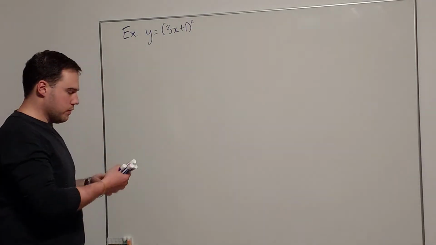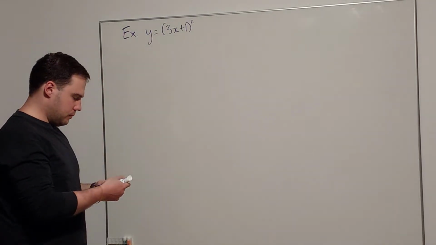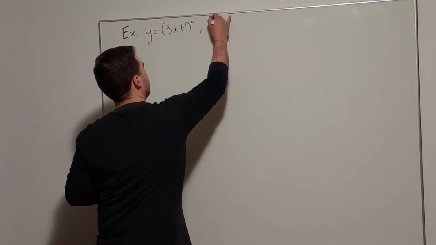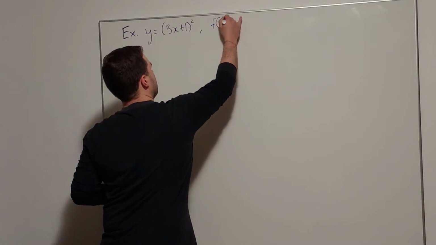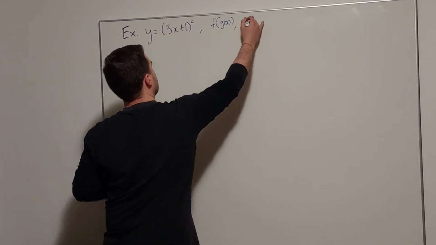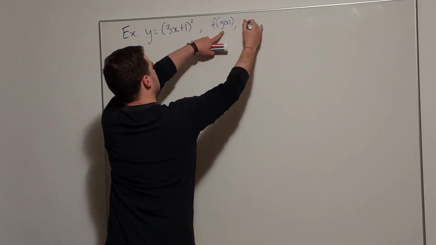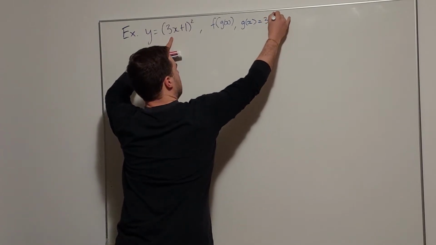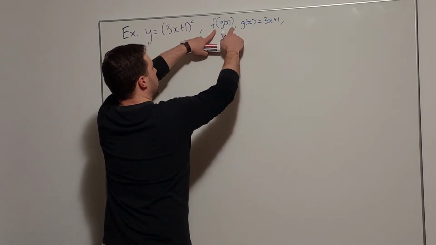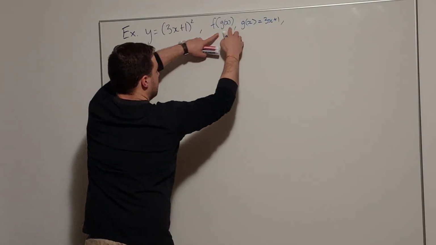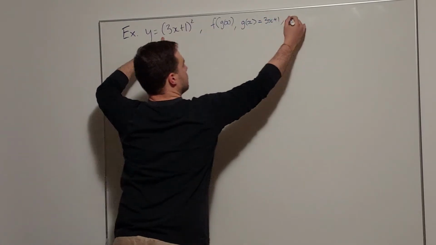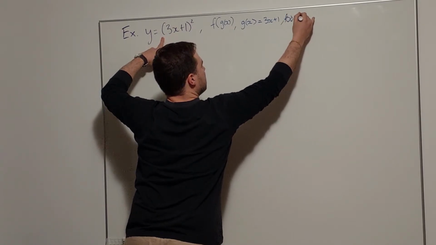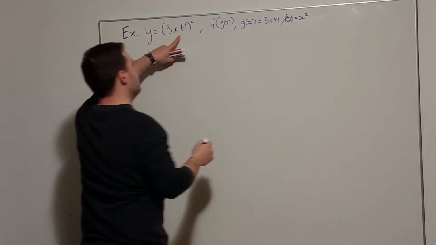Okay, so this is of the form of a composite function, where we have f of g of x, where our g of x on the inside is 3x plus 1, and g of x is being inputted into the f function, so the f function is x squared.